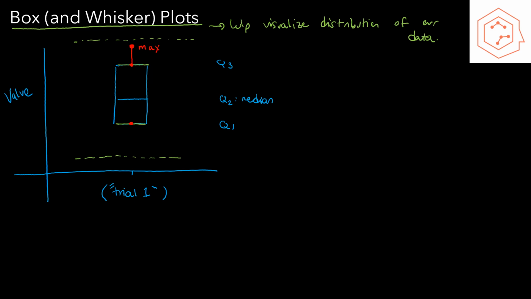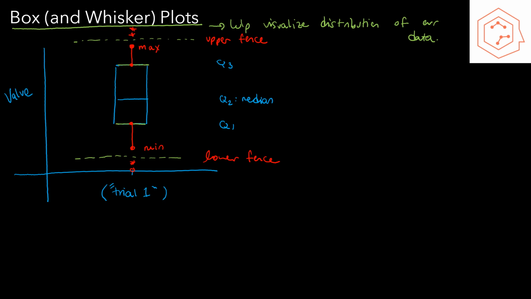And the minimum value that's within the lower fence, you're going to connect to Q1. Finally, any outliers you have, so values that lie beyond the upper fence or the lower fence, any of those values you'll show with stars or circles that are not filled in.